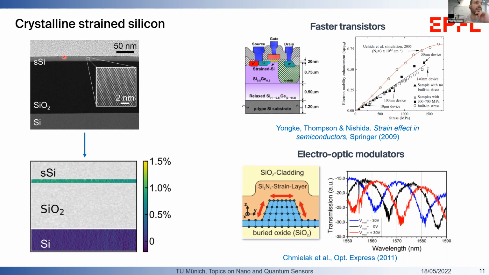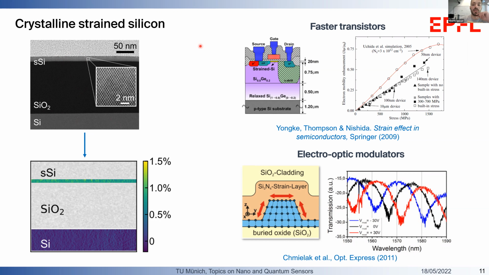And it was quite convenient for us to start with this material because it was easily available from a company called Soitec in a silicon on insulator wafer stack. So basically we have a 12 nanometer thin film of strained silicon bonded on top of a silicon oxide sacrificial layer of around 140 nanometers for these substrates. And then the wafer itself is made out of crystalline silicon.